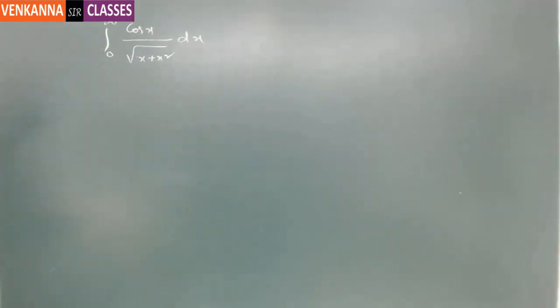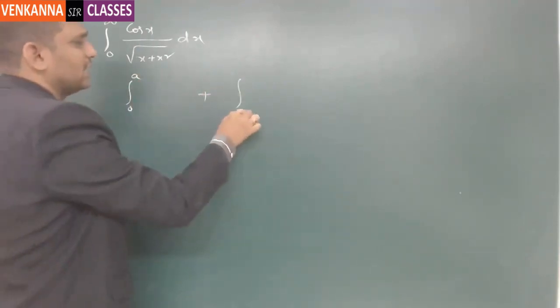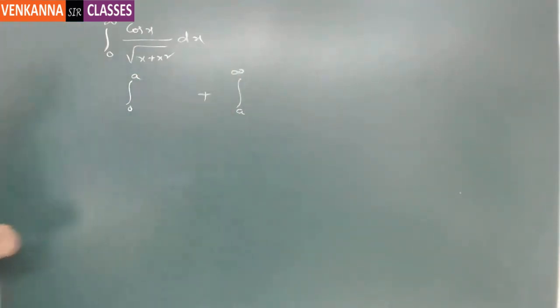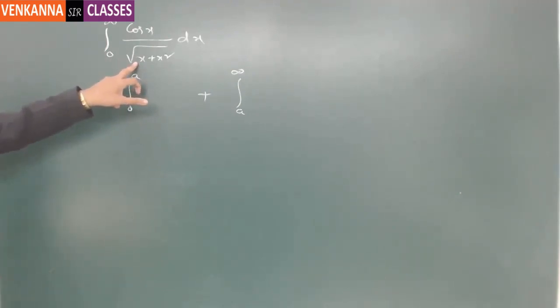So this is the integration given, 0 to infinity. As usual, we split this integral into integral 0 to a plus integral a to infinity. Now here, definitely we can say that 0 is the point of infinite discontinuity. That is sure.